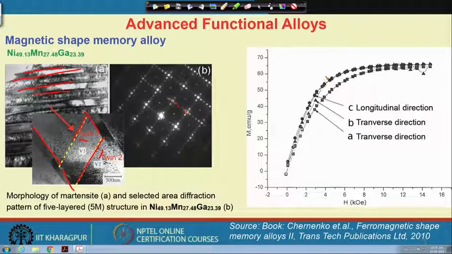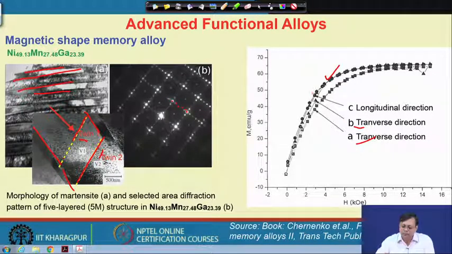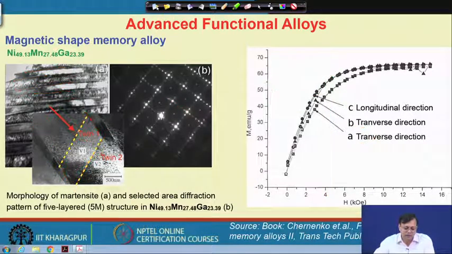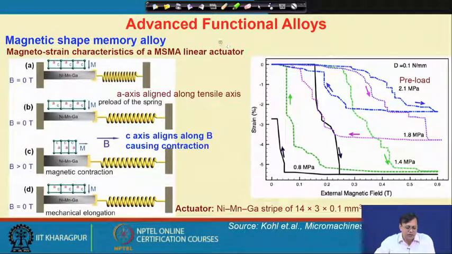So, along let us say the c axis, or the transverse direction, the properties are different, meaning the magnetic moments are different, and for a given application of the field, the moments that are generated along the transverse and longitudinal directions are also different. So, this is also another interesting behavior of such magnetic shape memory alloys.